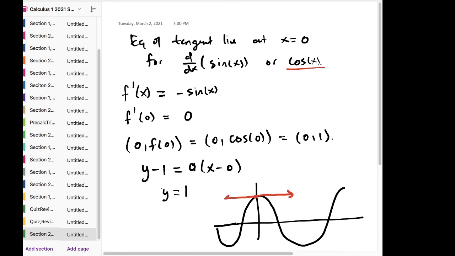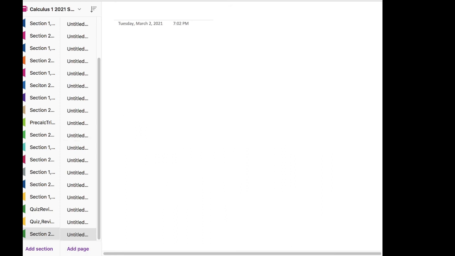It's a flat line, and it hits at 0, 1. Okay.